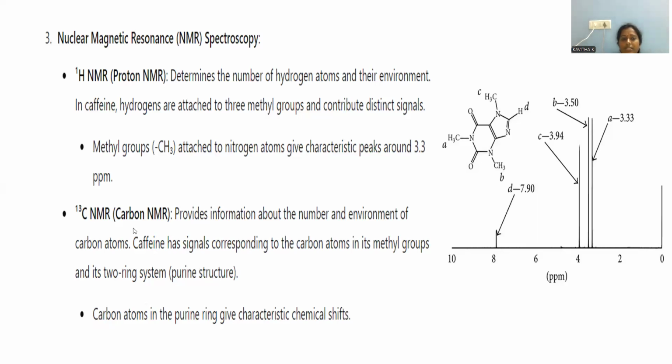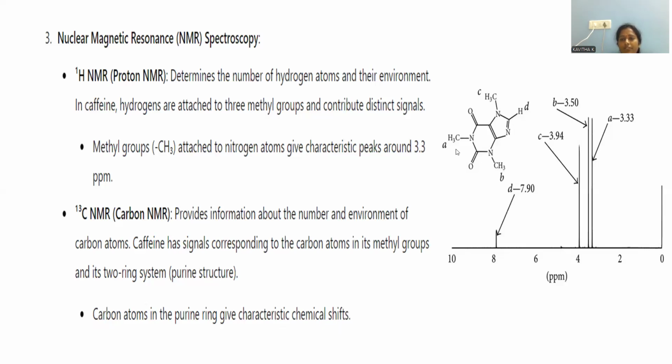C13 NMR gives the nature of the carbon atoms, so it provides information about the number and the environment of the carbons. Caffeine has signals corresponding to its carbon atoms. Within its methyl groups, two ring systems are located, and we are already aware this is called the purine ring. Carbon atoms in the purine give characteristic chemical shifts.